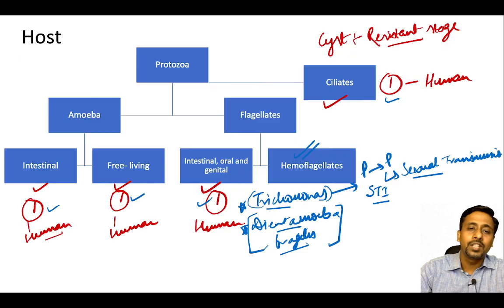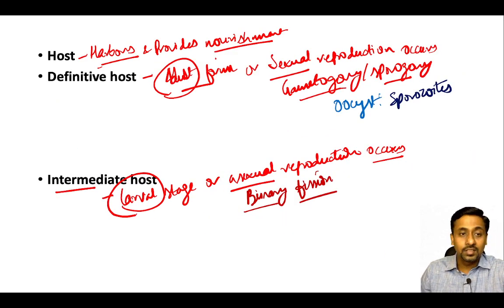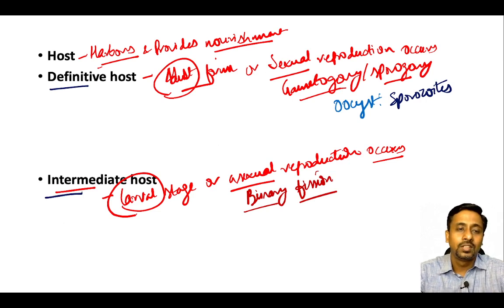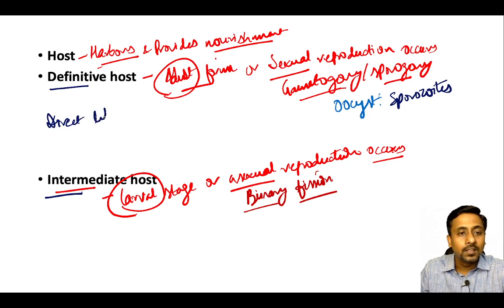One more thing which I want to add in this definition of definitive host and intermediate host: on the basis of number of hosts, the life cycle is of two types. One is direct life cycle and one is indirect life cycle.